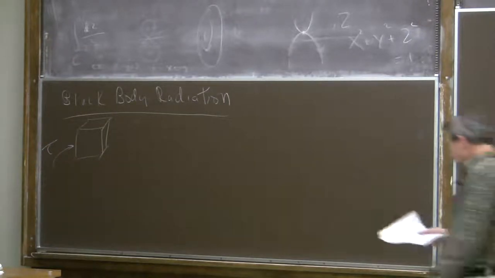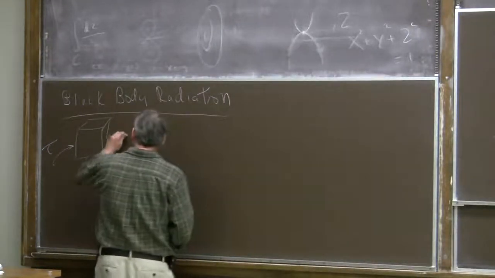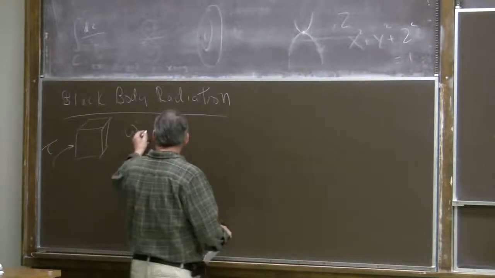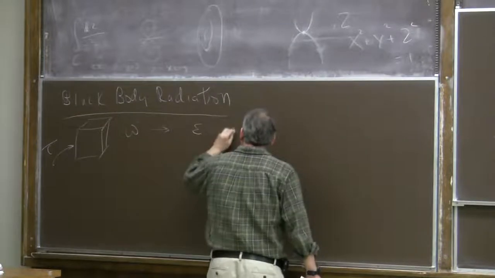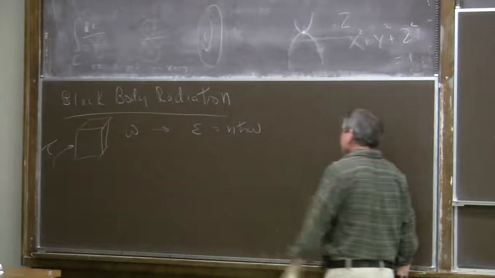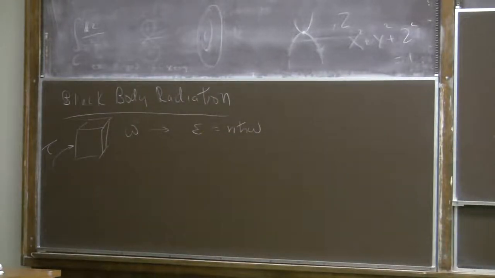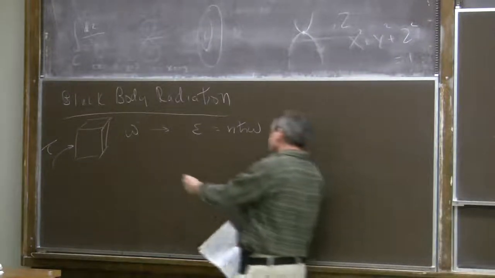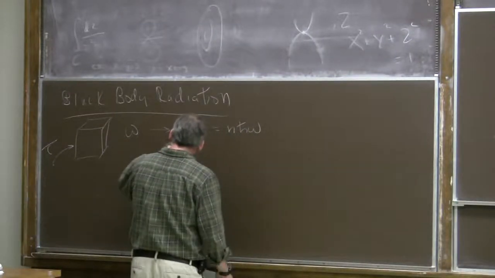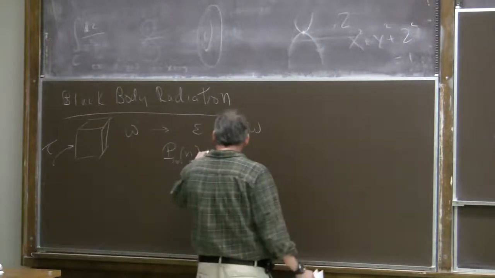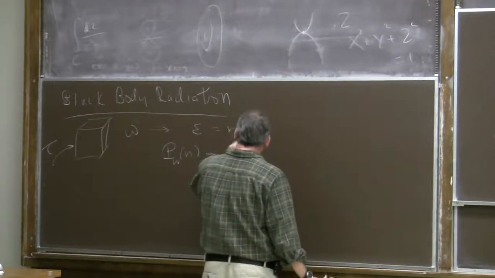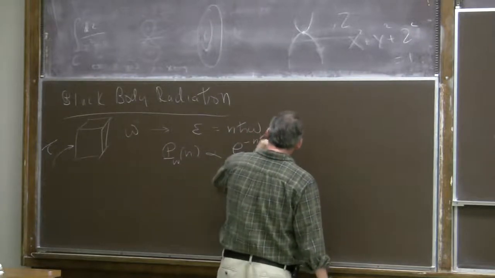So what does that mean? It means that if I consider any mode with circular frequency omega, since the energy in that mode will be n h bar omega if there are n photons occupying the mode, the probability distribution for n in that mode at temperature tau will be proportional to the Boltzmann factor, e to the minus n h bar omega divided by tau.